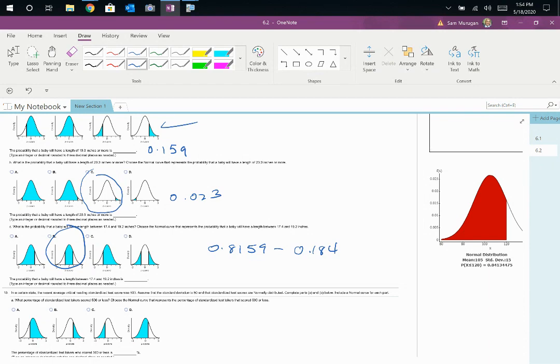So this is 0.8159 minus 0.184, which is approximately 0.632.